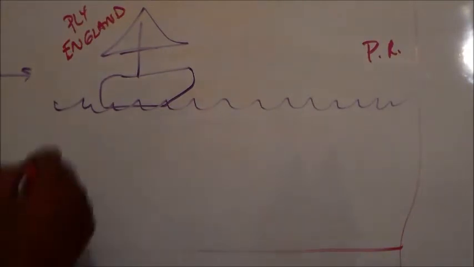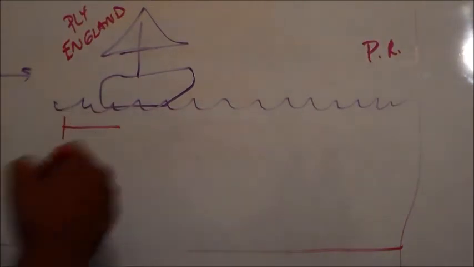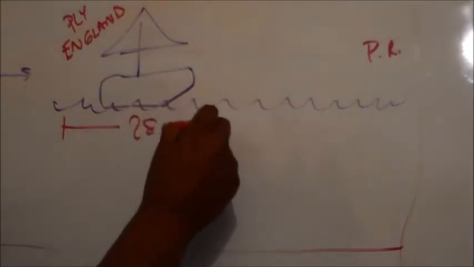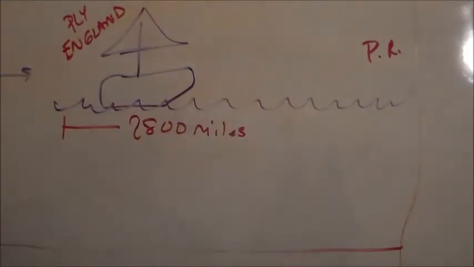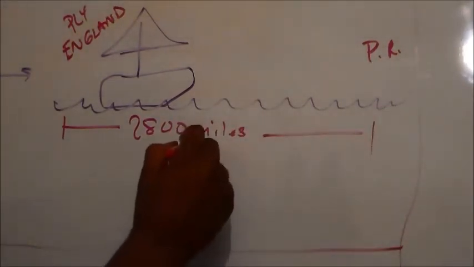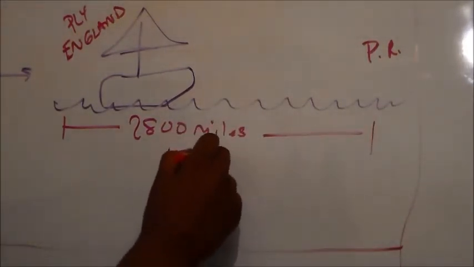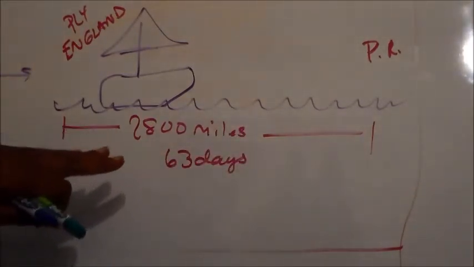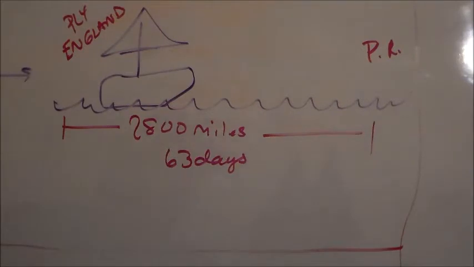Okay. So basically our distance was 2,800 miles in 63 days. So we covered 2,800 miles in 63 days.